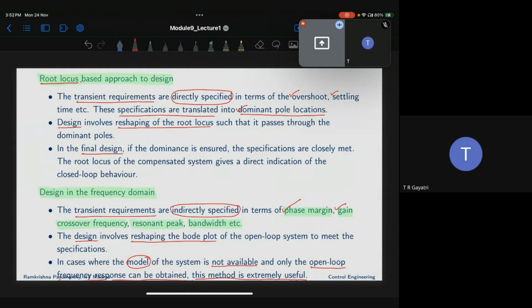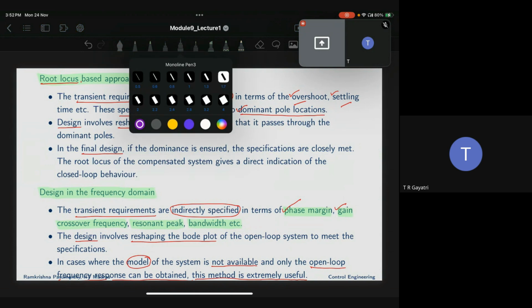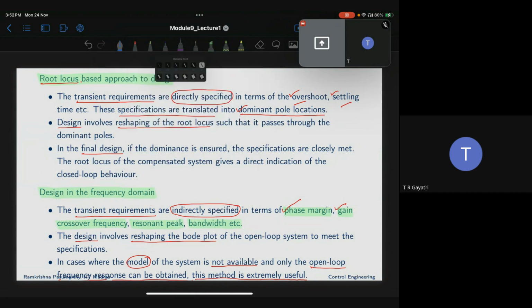Roughly speaking, the design specifications are directly represented in terms of the overshoot and settling time. So first, given overshoot and settling time, we convert them into the dominant poles location.